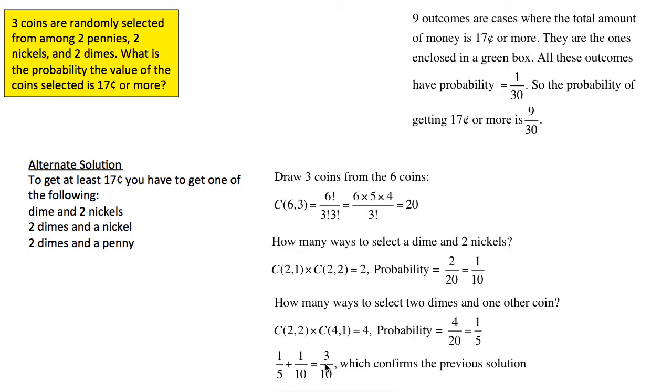And notice that that does completely confirm our solution to the problem that we got by the tree diagram. We determined by the tree diagram solution that the probability of getting 17 cents or more is 9/30, which of course is 3/10. And here we have redone the problem by a case analysis where we've broken it up into cases whose probabilities we can calculate separately, and then added those probabilities together.